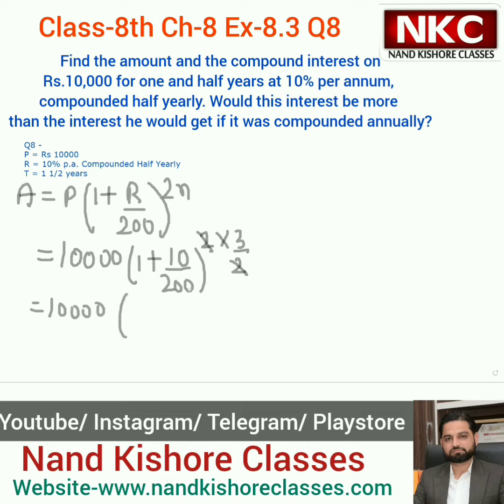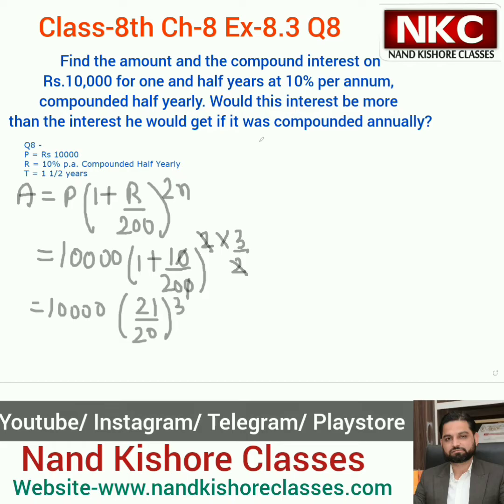10,000 multiplied, this 0 and 0 cancelled. It is 1 plus 1/20, which becomes 21/20, and then cube.